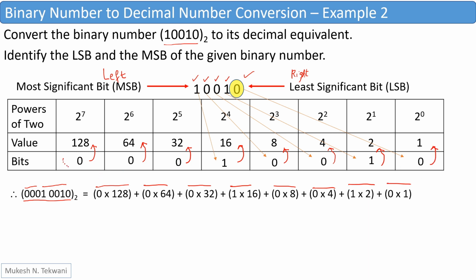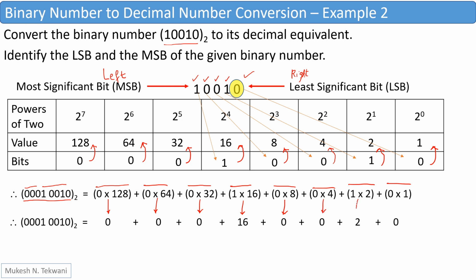So we are multiplying each bit with the appropriate power of 2, and this can be written as 0 into 128 is 0, 0 into 64 is 0, 0 into 32 is 0, 1 into 16 is 16, plus 0 into 8 is 0, plus 0 into 4 is 0, plus 1 into 2 is 2, and plus 0 into 1 is 0, and this is equivalent to 18 in decimal.